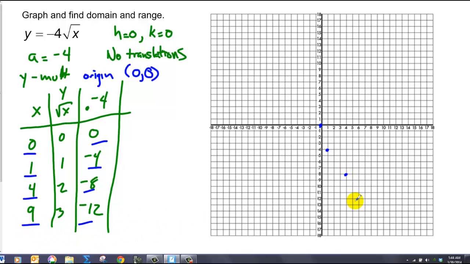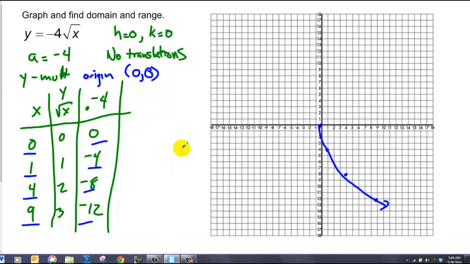And 9, but I go down 12. Once again, there's the general shape of a square root. However, because I've multiplied my y values by a -4, the graph's been reflected.